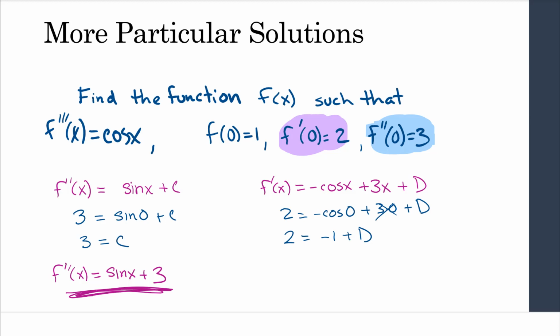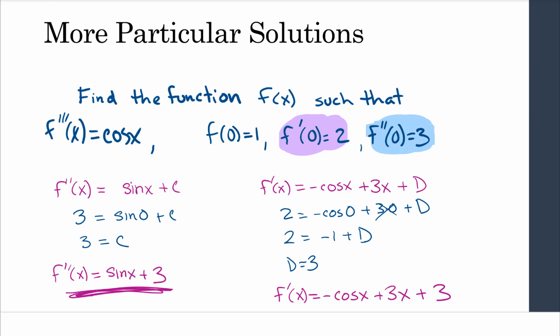Oh, no. No, cosine of 0 is 1, but there's a negative cosine of 0, which equals negative 1. My apologies for misspeaking. Let's add 1 to both sides, and we find out that our d is equal to 3. Therefore, our f prime of x is equal to negative cosine of x plus 3x plus 3.